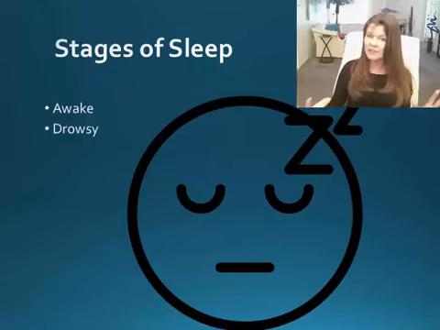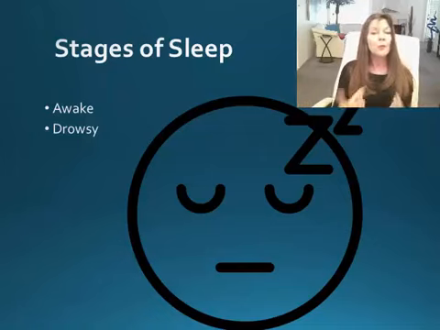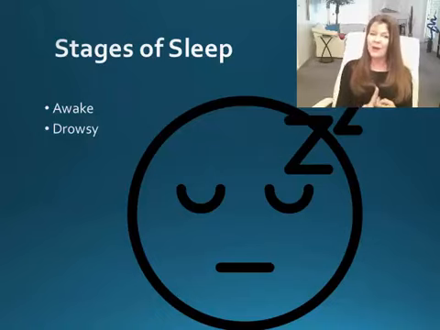Note that at any stage of wake or sleep, your brain shows mixed waves, but often one type is pronounced. When you are awake, beta waves are predominant. They're the fastest, smallest, and most frequent. But when you get drowsy, alpha waves are predominant. So these are a little slower, right?